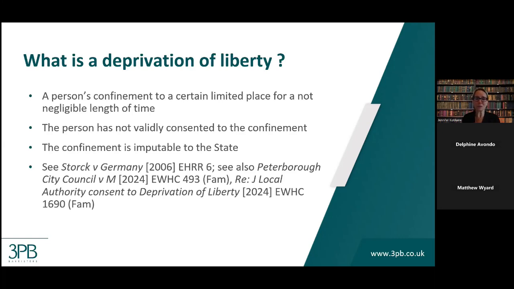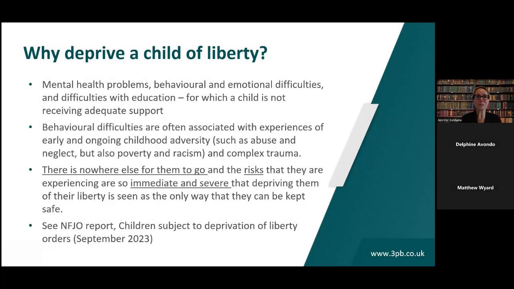But I'm mentioning this because it's very important that these three bullet points at the top of the slide are made out. So why would children be deprived of their liberty? Well, there's some really excellent work being done at the Nuffield Family Justice Observatory, and I can't possibly cover all of that here in this presentation.